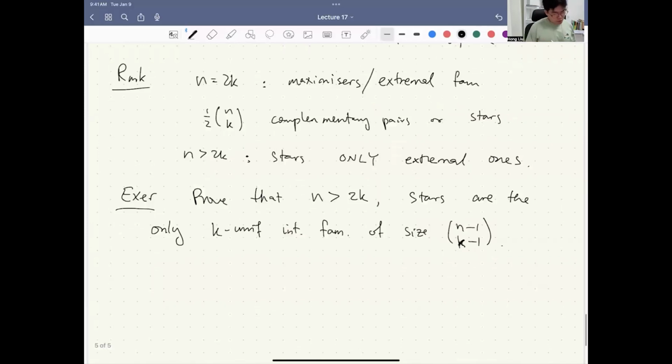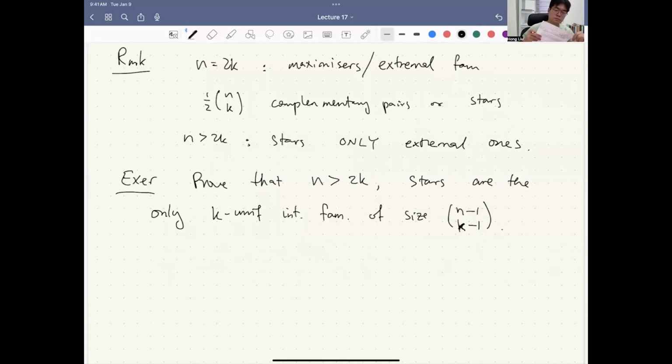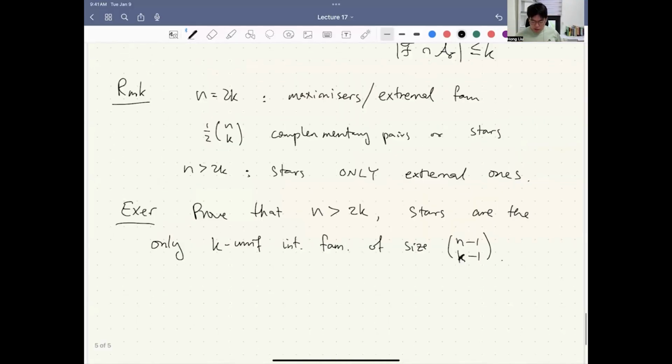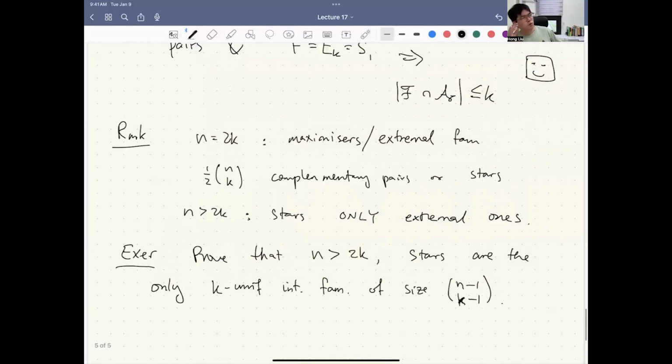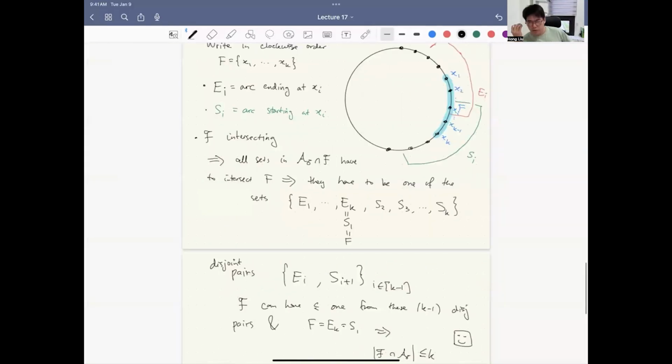Now I'm going to do something which I think is illuminating. We've done it before, I don't remember for Sperner's theorem or one of them.